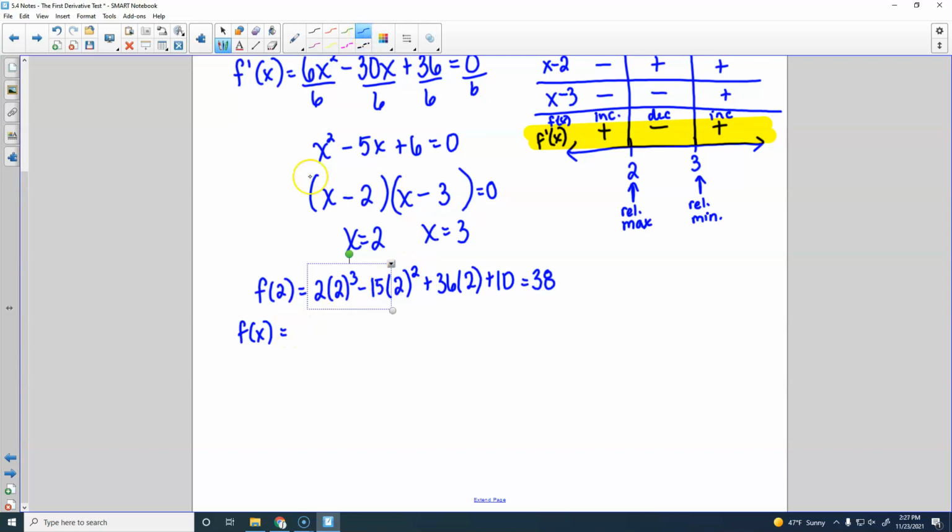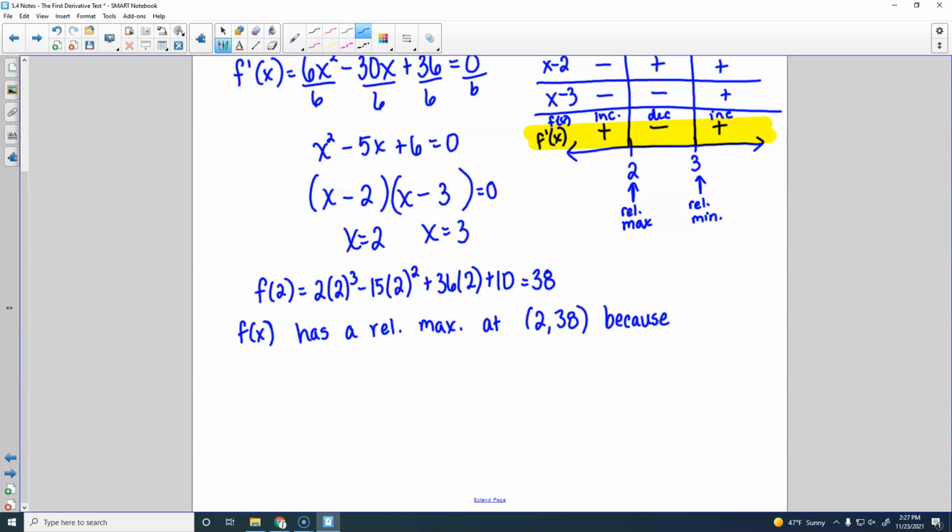So f of x, then, we would say, has a relative maximum at 238. And then you have to put because, and your justification cannot be that the function changes from increasing to decreasing.